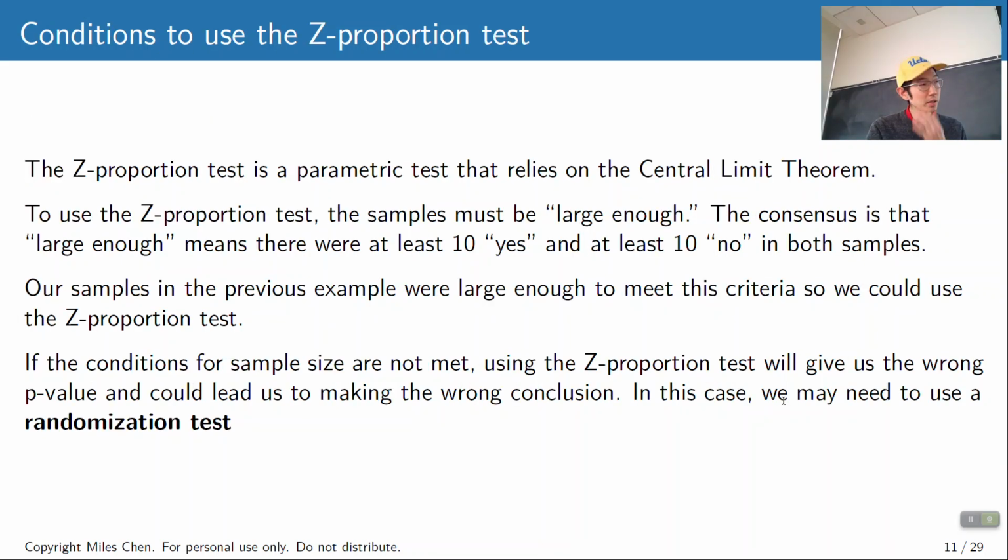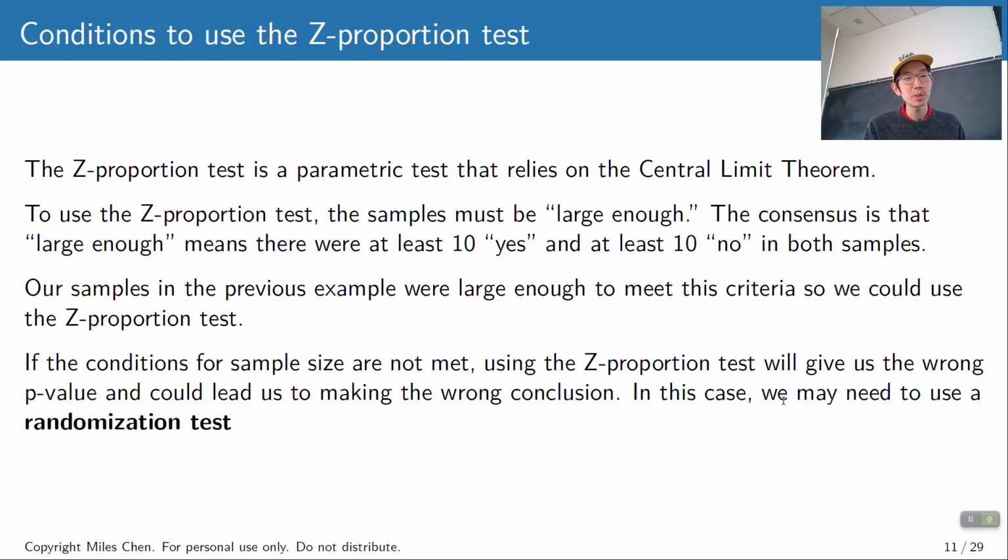Okay, and I think that's kind of review, right? Maybe we've forgotten some of the details of this thing, but this process I think is familiar. But I want to just kind of reiterate that using the Z proportion test relies on the central limit theorem. And you learned about the central limit theorem, and one of the conditions is that you need to have a big enough sample, right?